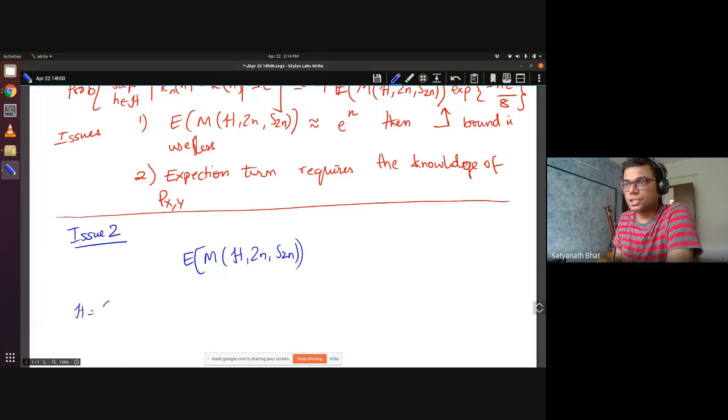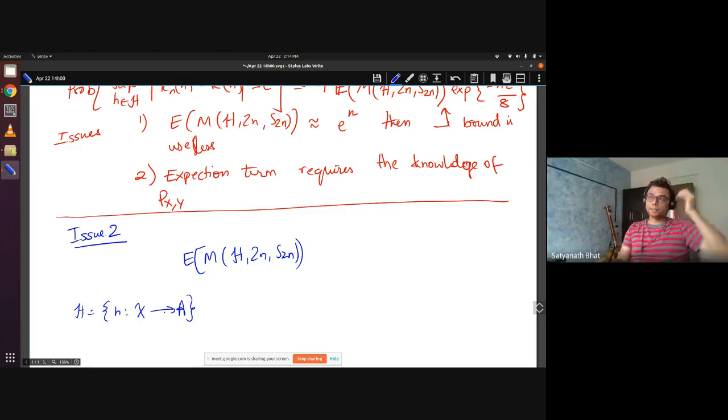H is a collection of all the functions that take us from x to an action space A, right? So given a set of features, h is your classifier, which is telling you what action to take. If it is y, then it is like a usual classifier, so it's not really something new.